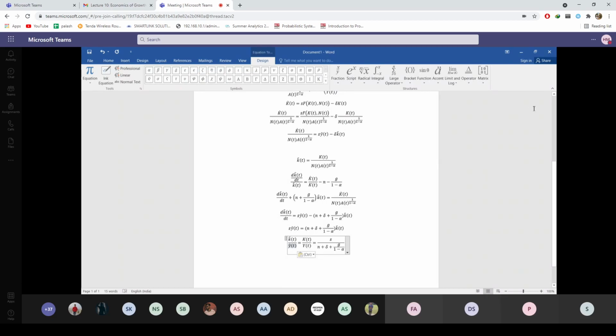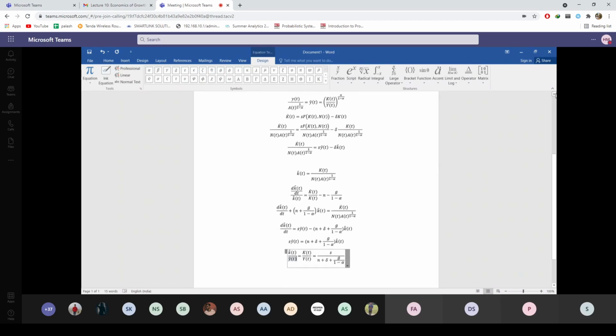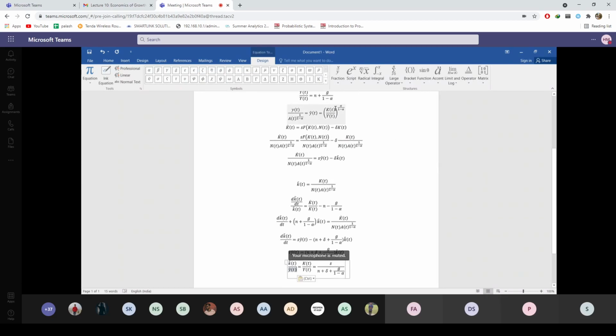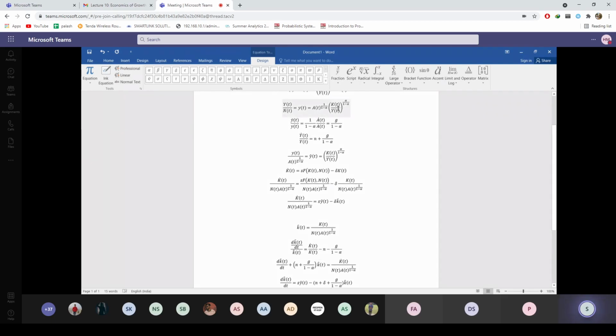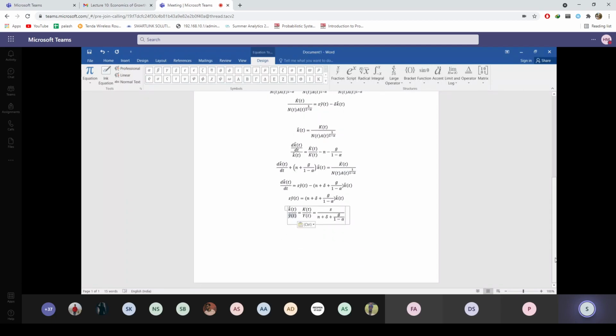You substitute that value over there in this equation. So this capital K by capital Y is basically a constant, and that constant is S divided by n plus delta divided by G minus 1 over alpha. This is the interesting thing.